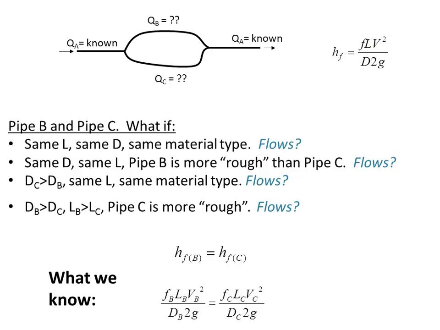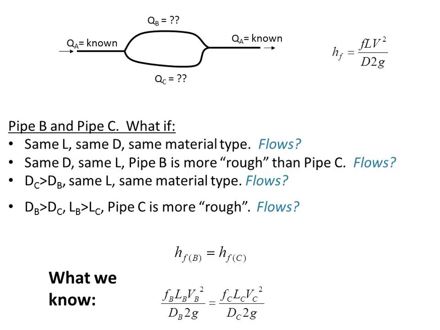It's the Darcy-Weisbach equation. So we're saying that if the head loss through each of the pipes is equal, then the formula for head loss, fLV squared divided by D2g, the Darcy-Weisbach equation, you can go through either one of the conduits, and the energy loss is because of those components that contribute to energy loss, and so it's equal.